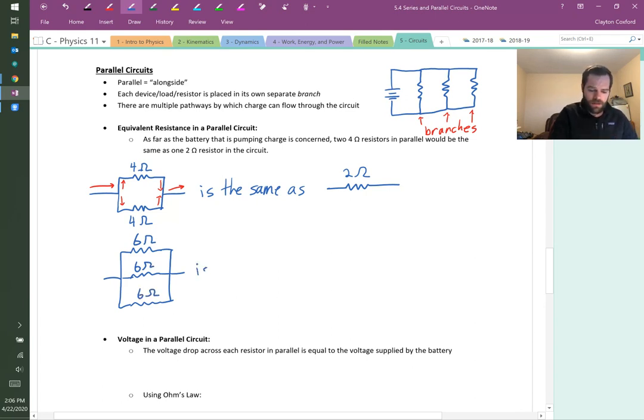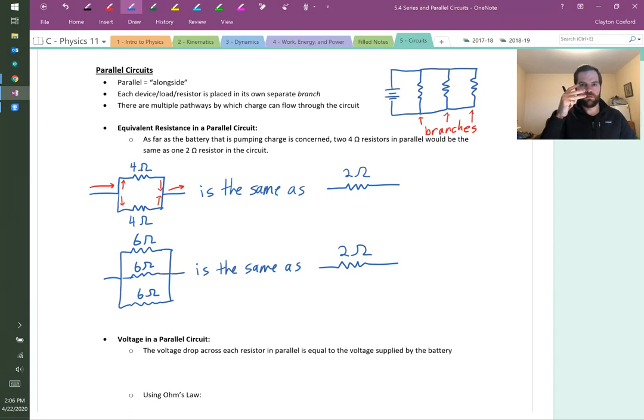That is the same as, any guesses? That's also the same as a 2 ohm resistance. So by having 3 identical resistors in parallel, the resistance becomes a third of what it was before.